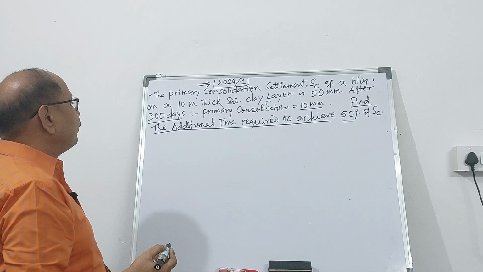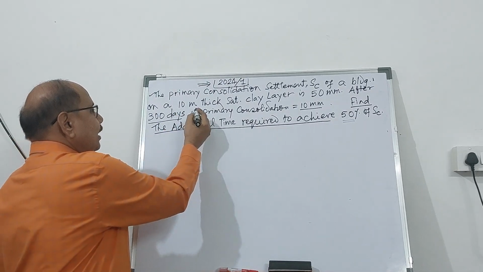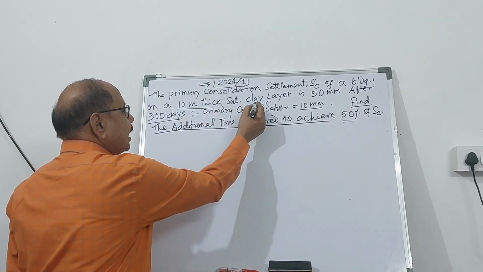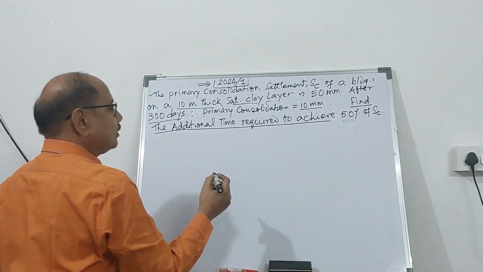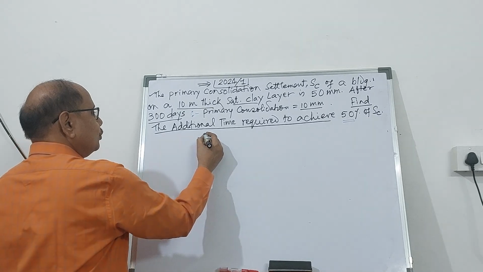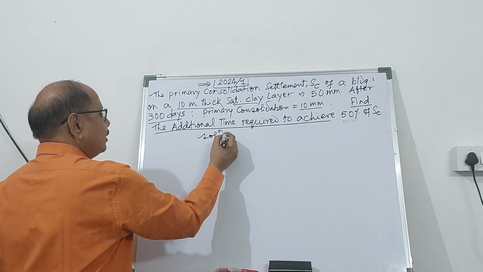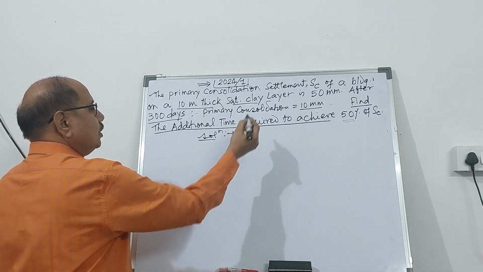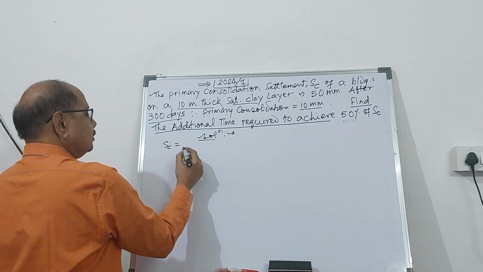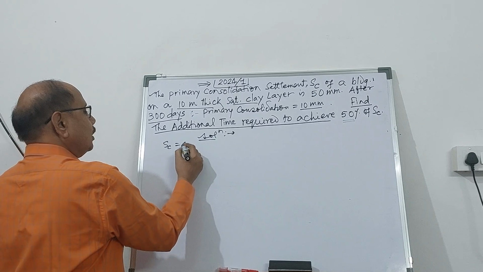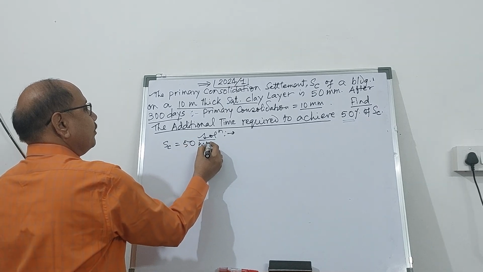The problem is like this: the primary consolidation settlement SC of a building on a 10-meter thick saturated clay layer is 50 millimeter. If you look at the solution part of this problem, the total consolidation settlement is given as 50.